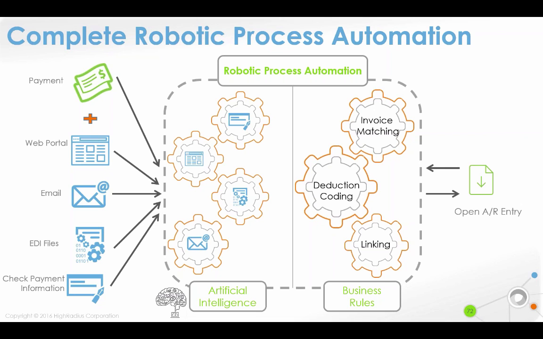And then we have the business rules that handle the linking of the payments and the remittance files, and the matching of that linked file to the invoices. They also handle deduction coding, extracting the deduction information, coding it properly, and separating it out so that it can be analyzed separately.